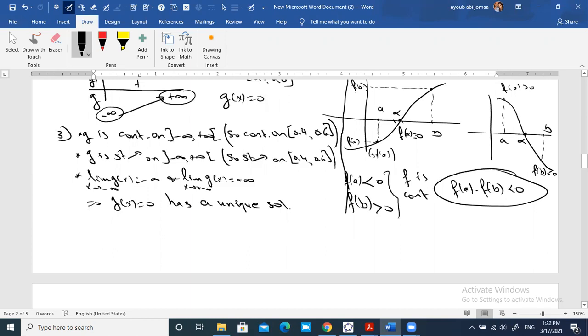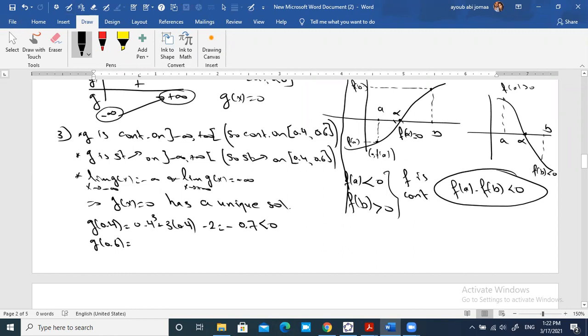Now to prove that this solution is in the interval 0.4, 0.6, find g of 0.4 and g of 0.6. Normal replacement: 0.4 to the power 3 plus 3 times 0.4 minus 2, and the answer will be negative 0.7, I guess. 0.4 to the power 3 plus 1.2 minus 2 is negative 0.7, so it is negative.